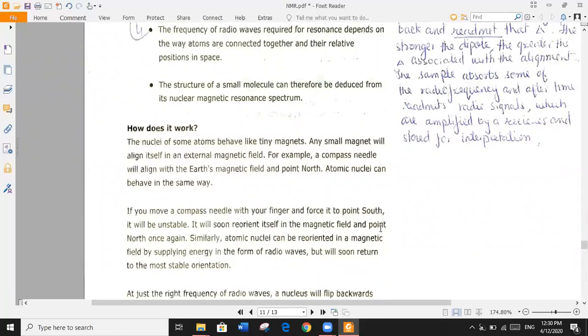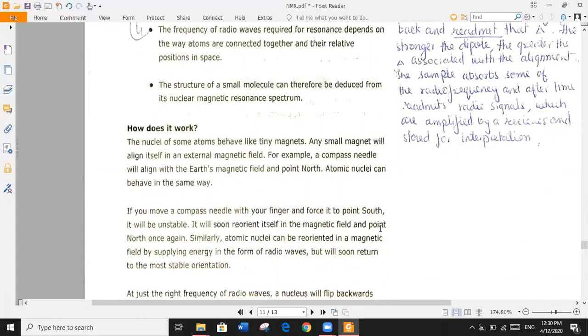Atomic nuclei can behave in the same way. If you move a compass needle with your finger and force it to point south, it will be unstable. It will soon reorient itself in the magnetic field and point north once again.